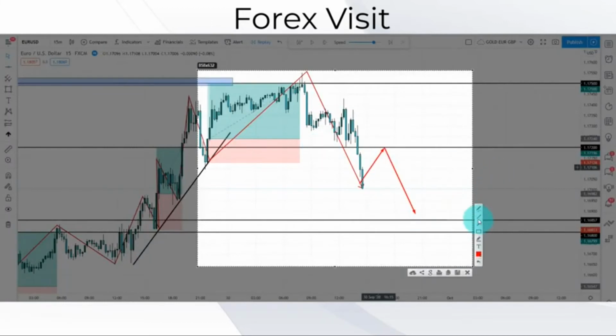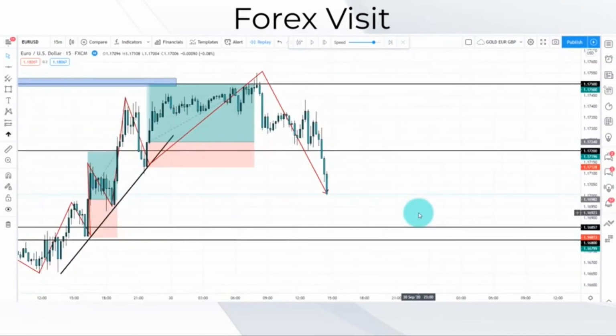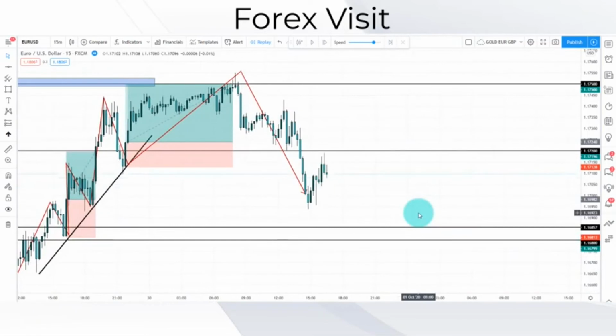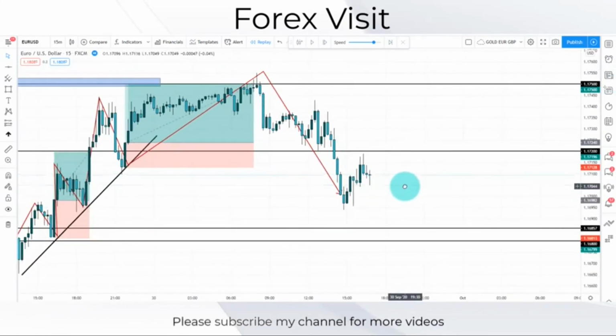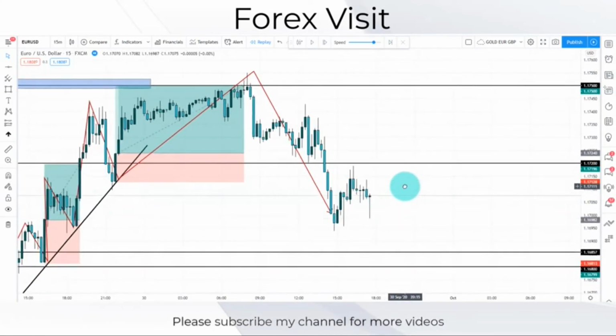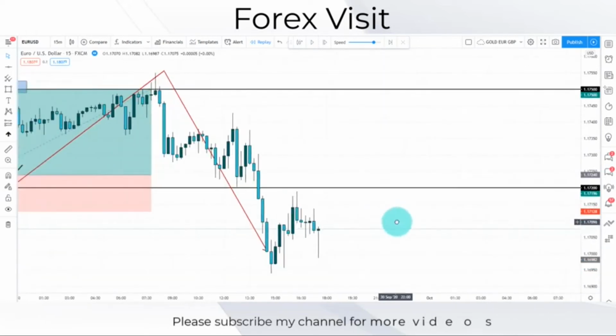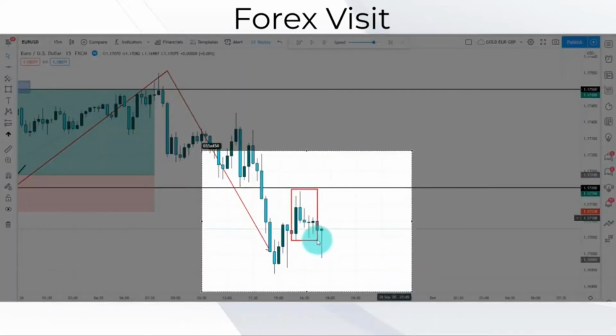As you will see that candle break support zone. So now support turns into resistance. At this point, you will see that too many pin bar candles formed.